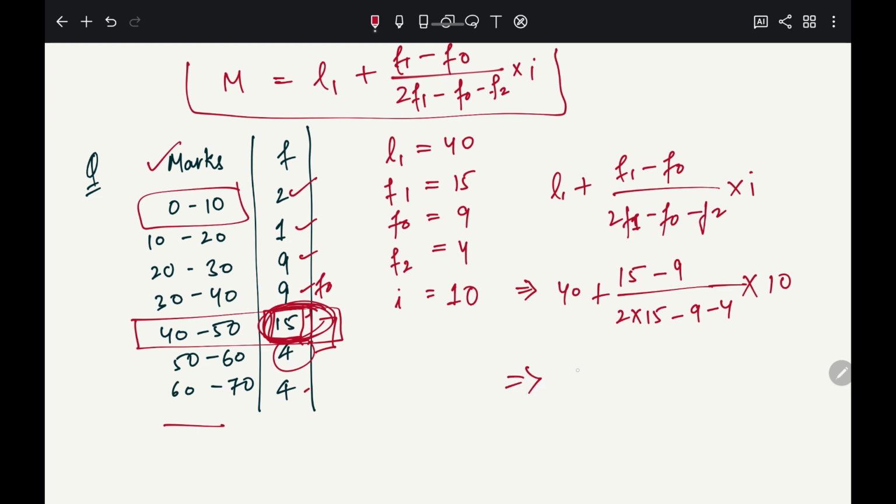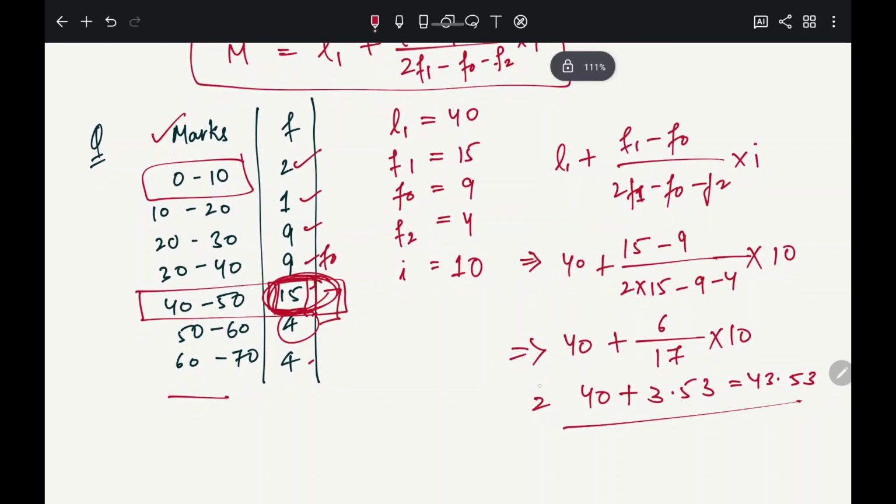So by calculating this we will get 6 by 17 into 10. Again 40 plus 3.53, which is 43.53.